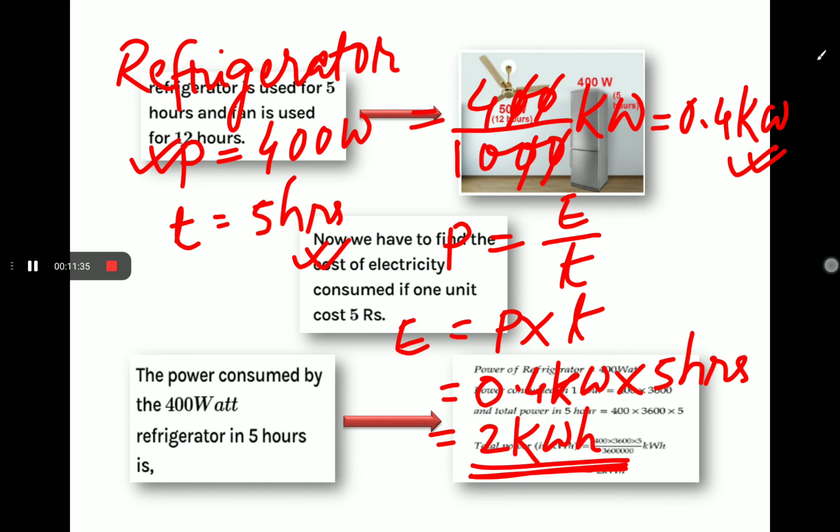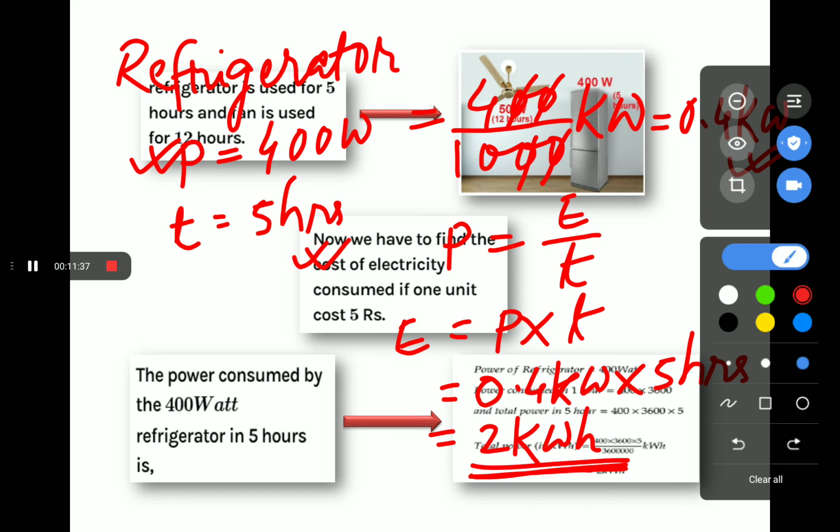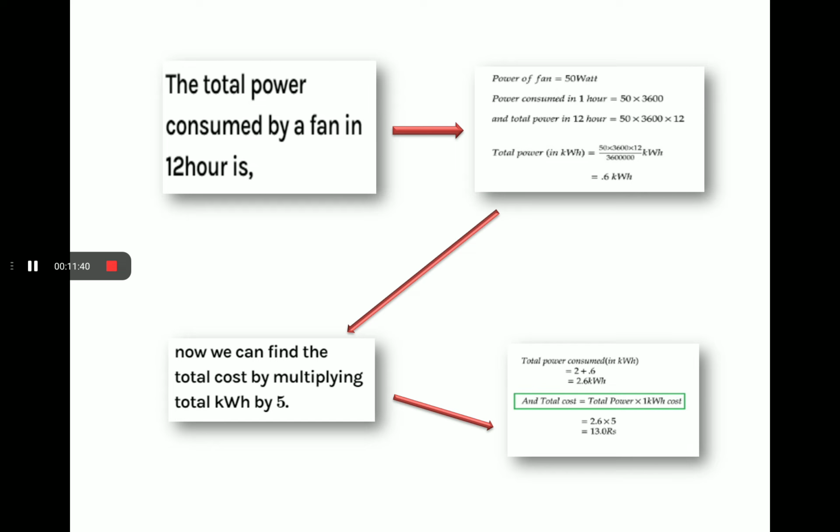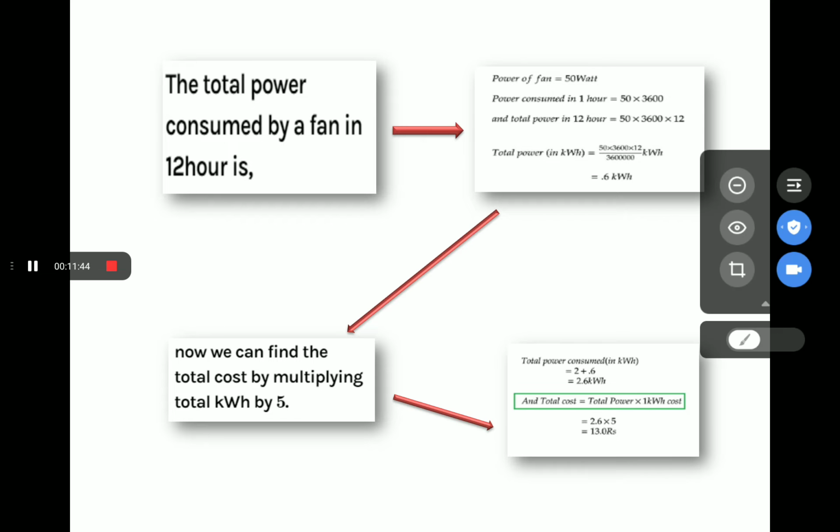Now, in the next slide, we will calculate the consumption of energy by the fan.